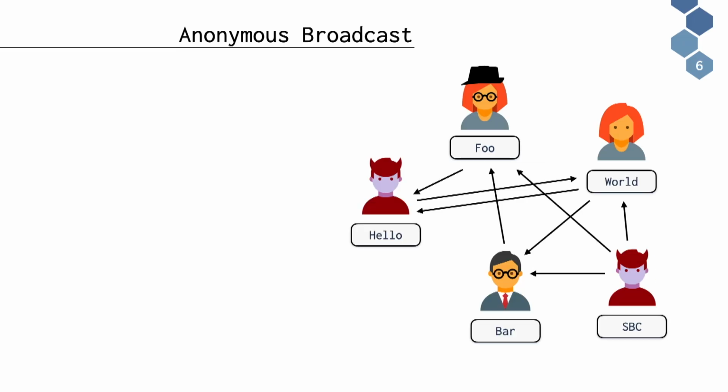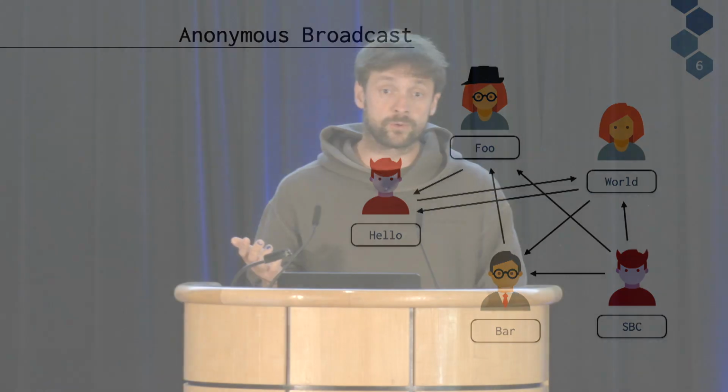In particular, you would like to have the property that even if some of the participants in the network are corrupt, or even a lot of them are corrupt, the honest parties have full anonymity among all the other honest parties. So if there are 100 parties and 70 of them are corrupt, then if you see an honest message at the end of the protocol execution, it should still be completely unclear which of the 30 parties sent which of the honest messages. That's the ideal guarantee that we would like to have.